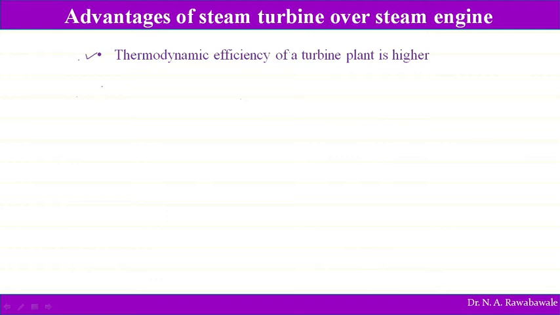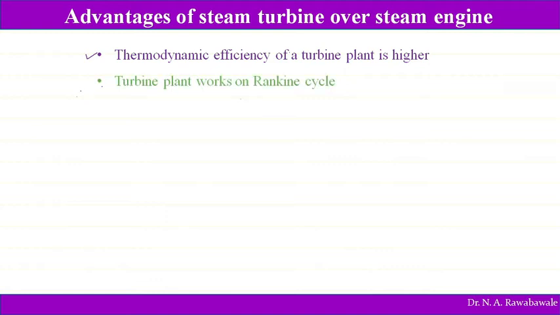Once the piston starts to move in one direction, the velocity attained by the piston reaches zero when it reaches the other end. So that's why there is a loss in efficiency, and the thermal energy or heat energy cannot be converted to that extent into mechanical work as in case of a turbine.